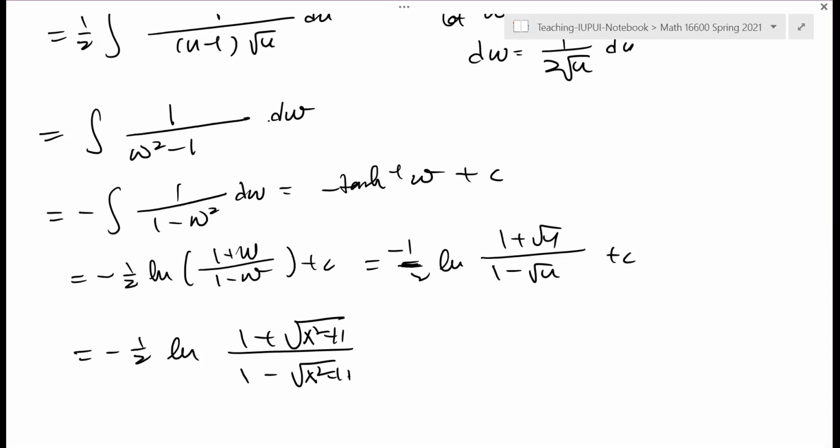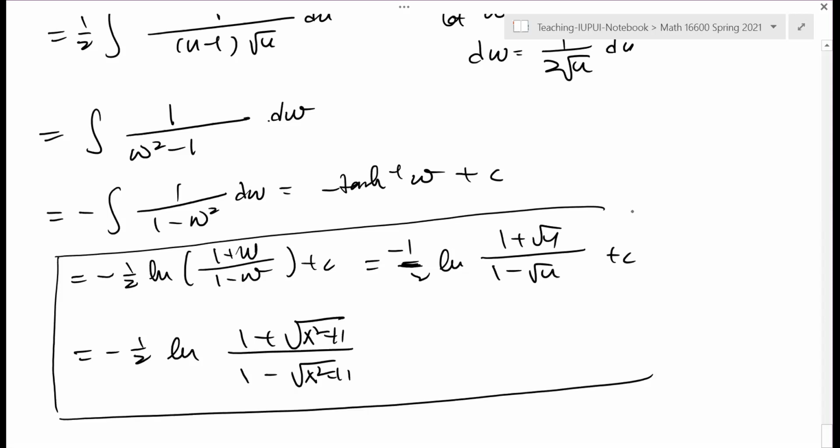We cannot use the formula unless you modify it.